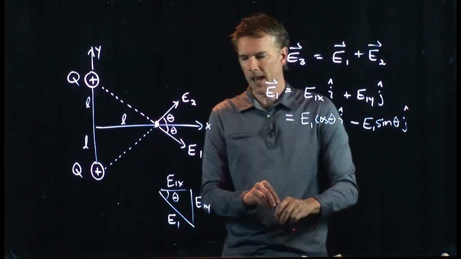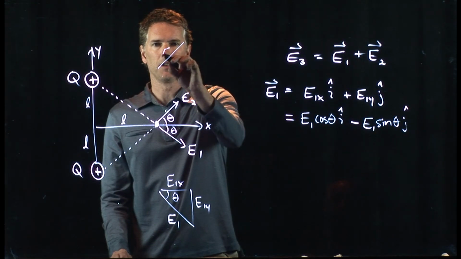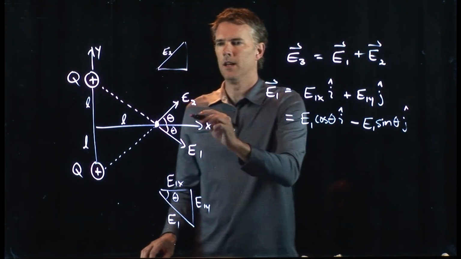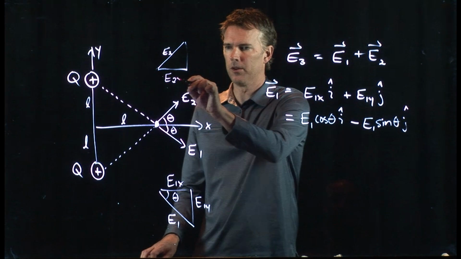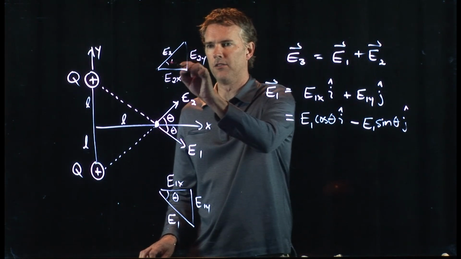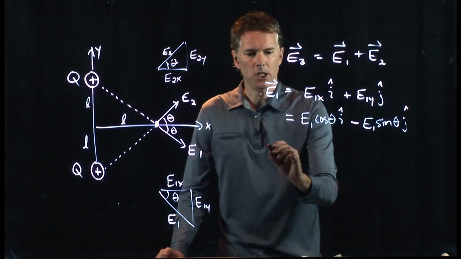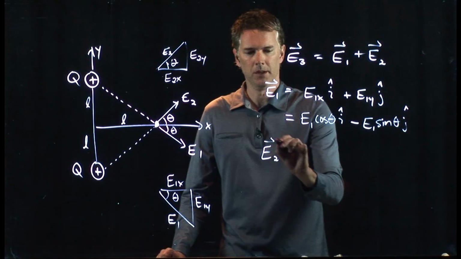And now we can do the same thing for E2. E2 looks like this. It has an x component to it. It has a y component to it. This is angle theta. And so we can write down E2 very simply.